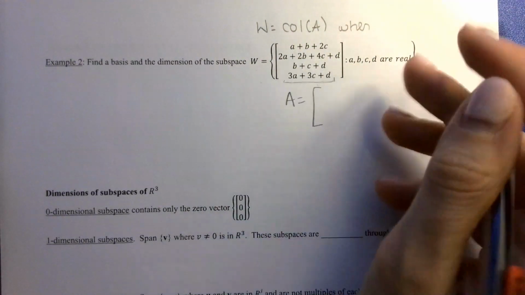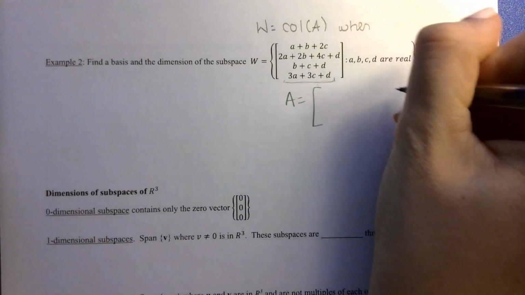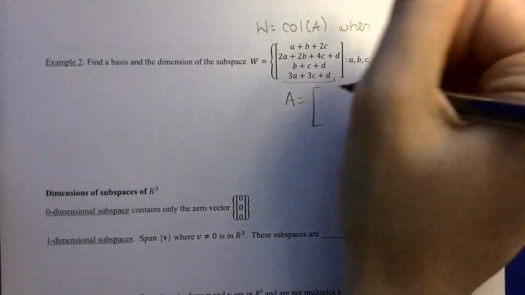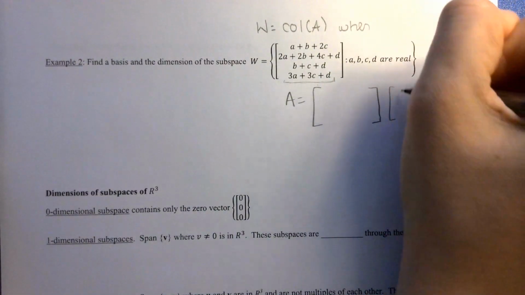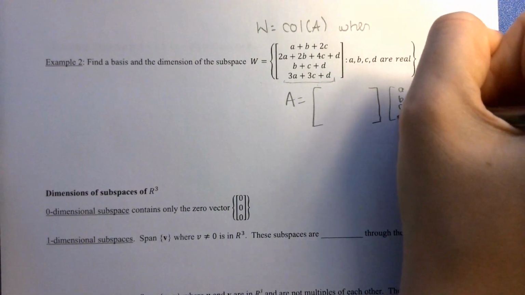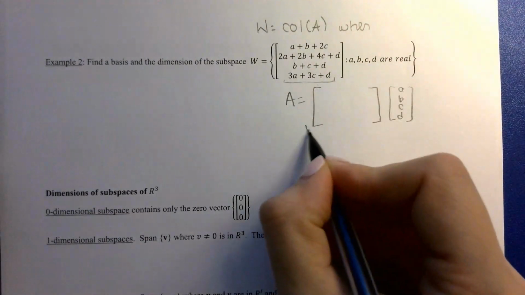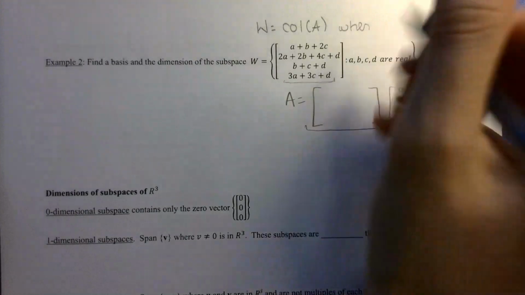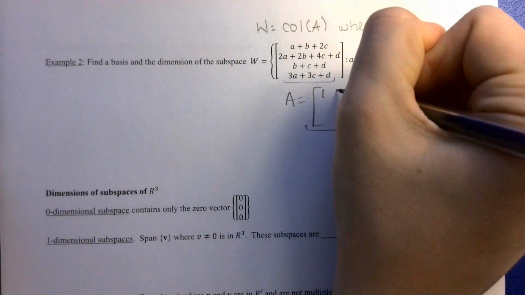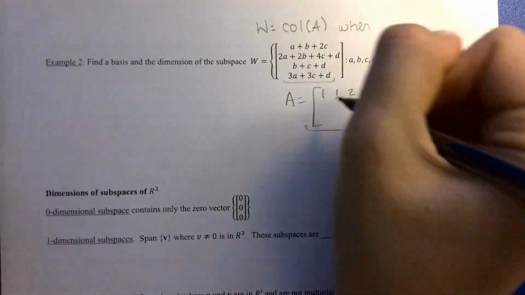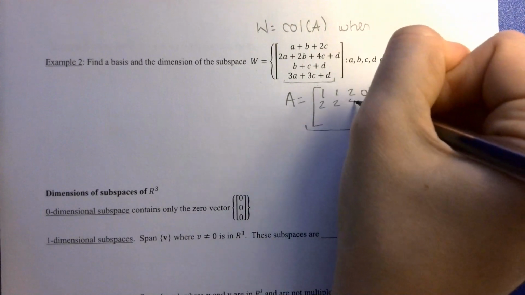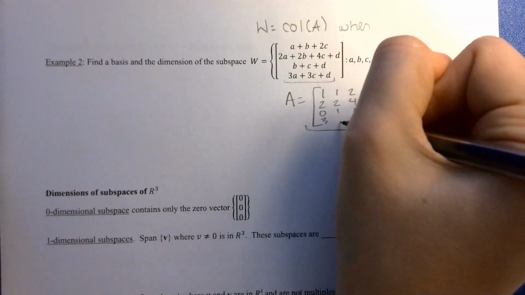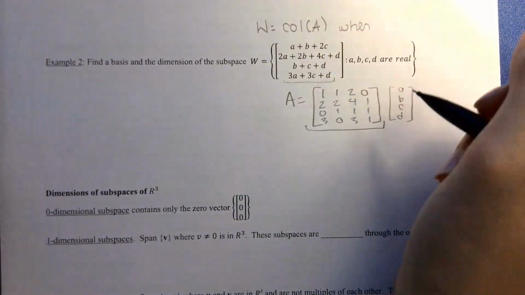I have 4 variables, which means I need to be able to multiply by a 4-dimensional vector. So I'm supposed to have 4 columns, because this would be a, b, c, and d. Okay, so A is just this part. This is just for our own reference. So the first row would be 1, 1, 2, 0. Second would be 2, 2, 4, 1, then 0, 1, 1, 1, and 3, 0, 3, 1.